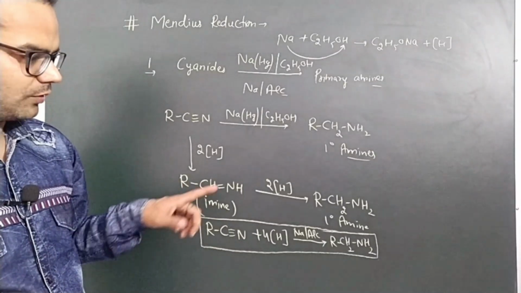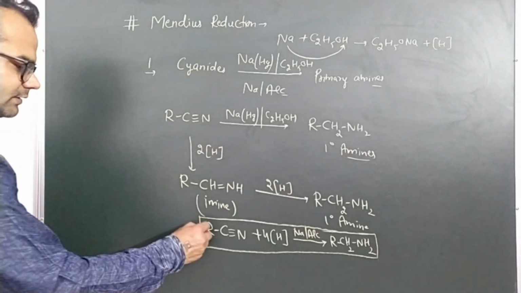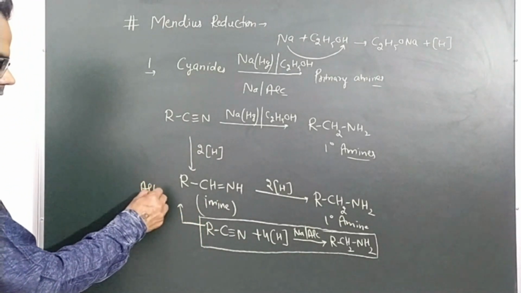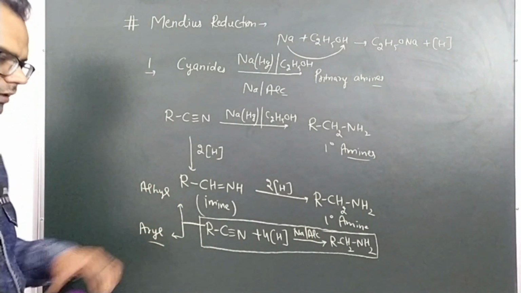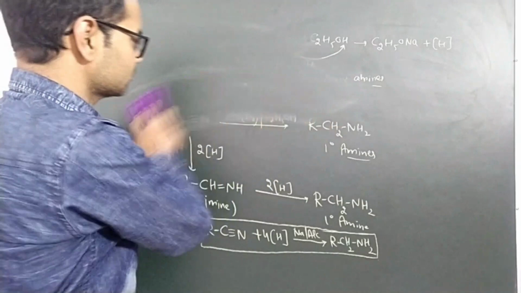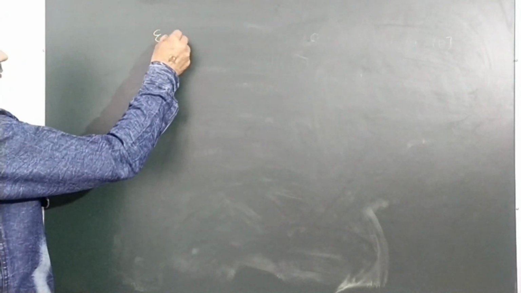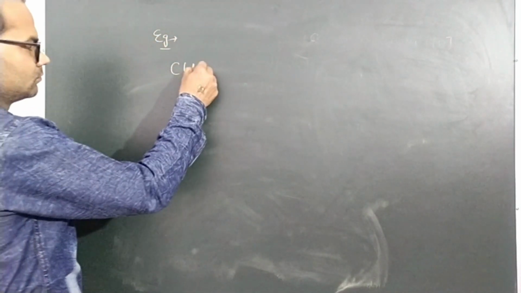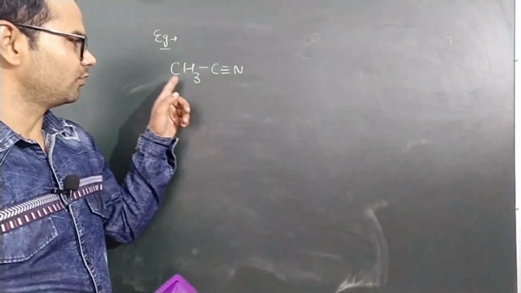And one more important thing in this reaction, here we have the R group. R can be any alkyl group as well as aryl group. Let us understand with 2 examples. This is methane nitrile, or we can say acetonitrile.